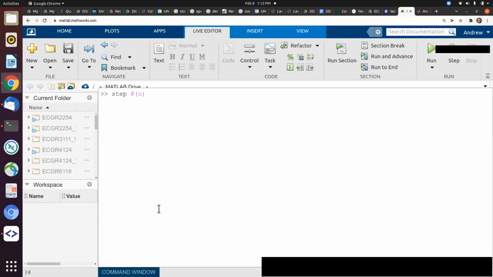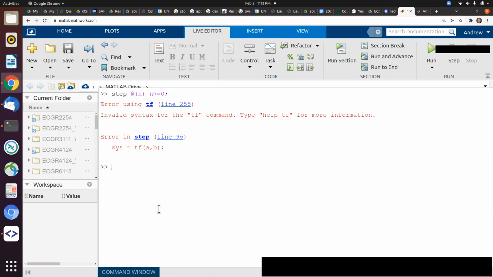Then you have to ask whether or not n is greater than or equal to 0. That will return a Boolean 1, right? That's an expression, so I'm just going to return that expression. It'll either be a 1 or a 0.